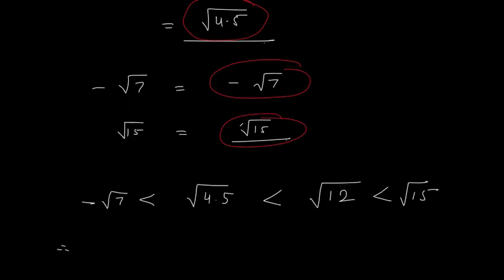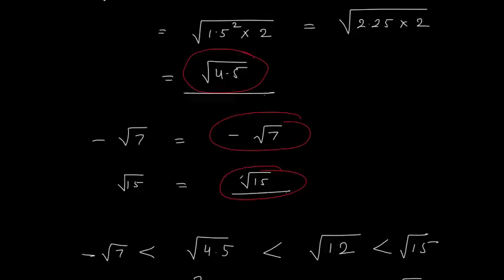Therefore, minus root 7 is smaller than 3 upon root 2 is smaller than 2 root 3 is smaller than root 15.